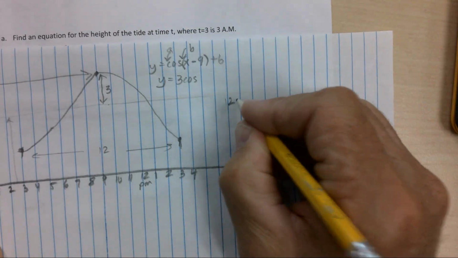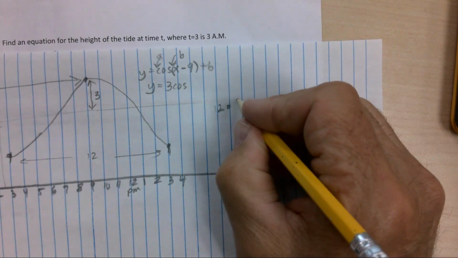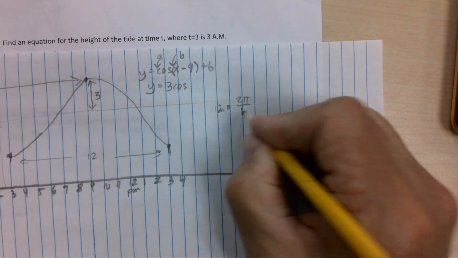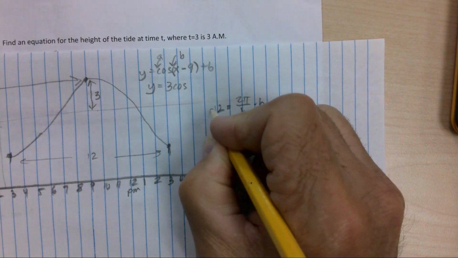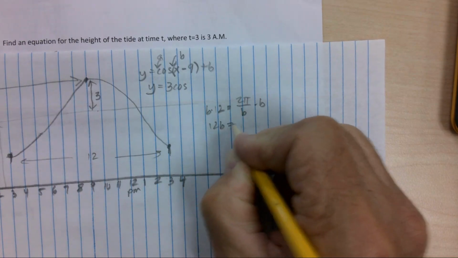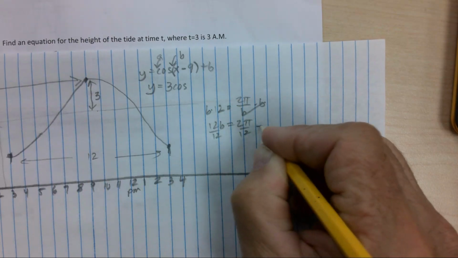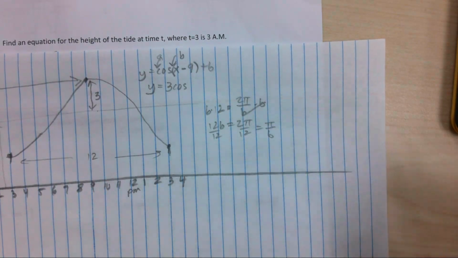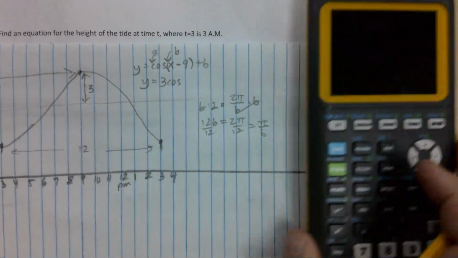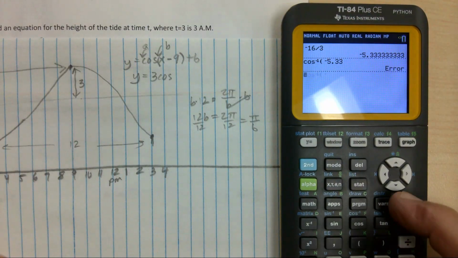So I stick it in the period formula. Period equals 2 pi all over the absolute value of b. Multiply both sides by b, and I get 12b equals 2 pi. Divide by 12, reduce, and I get pi over 6. Now I'm going to go ahead and convert that to a decimal right now.